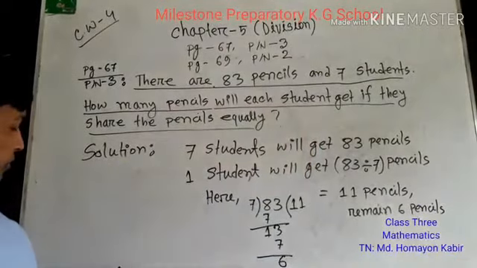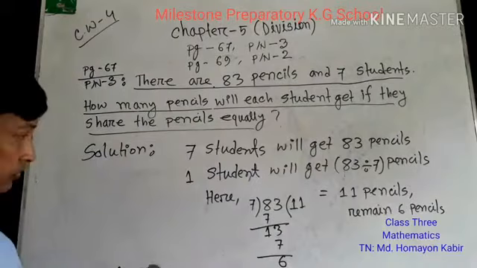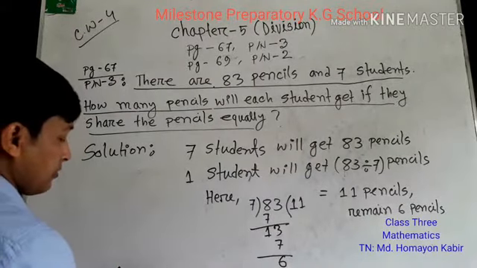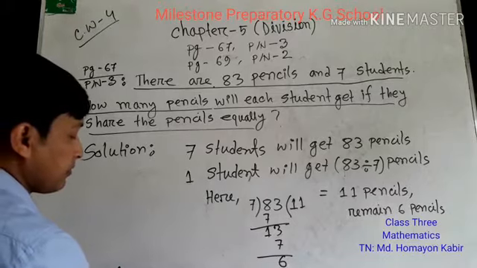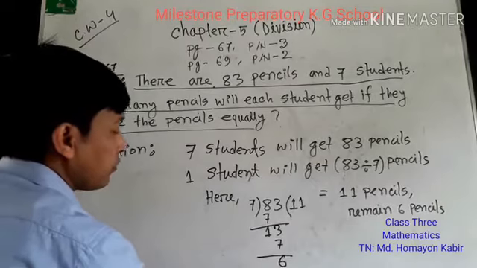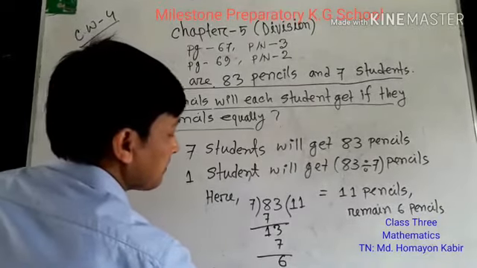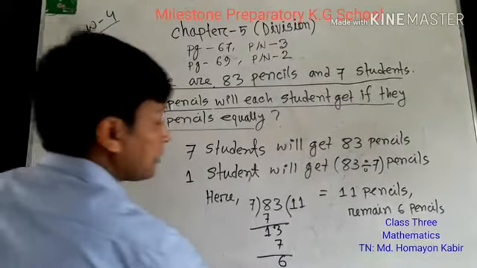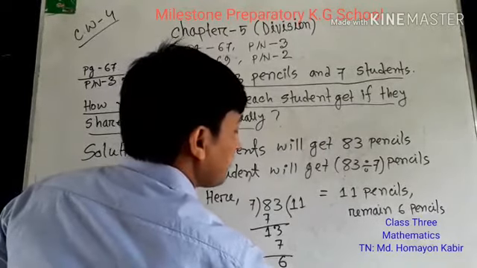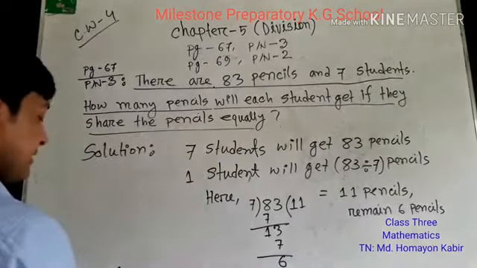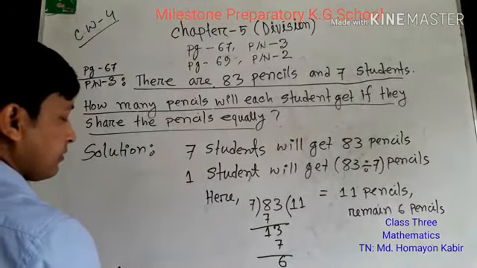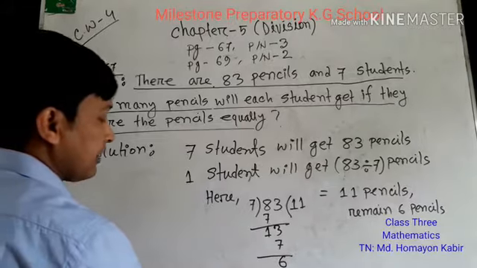So the answer will be: each student will get 11 pencils and remain 6.